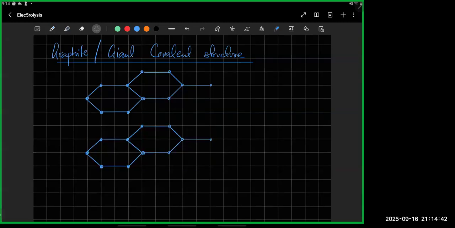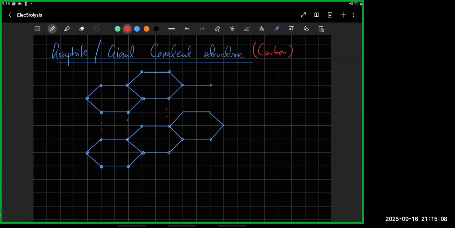Below this there's going to be another sheet. So it's going to be a sheet-like structure, and it's going to have weak van der Waals forces. So graphite is basically carbon. It's a form of carbon, known as an allotrope of carbon.